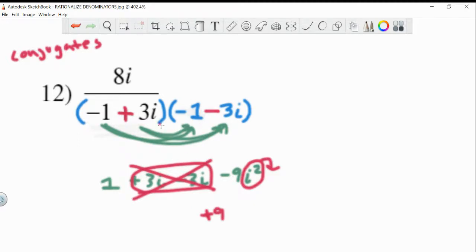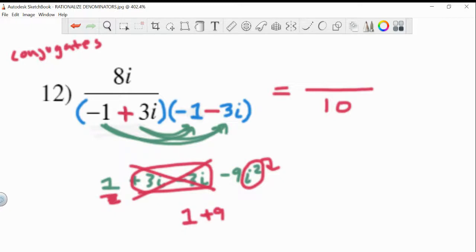So using conjugates here has been the perfect solution. We still need to remember this 1. Still going to be 1 down here, but it's just 1 + 9, and so we've got 10. We've been able to go from a complex number to just a straight up 10.